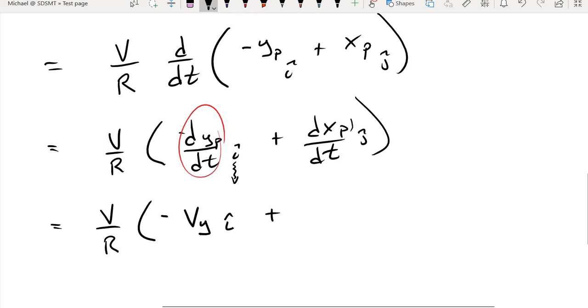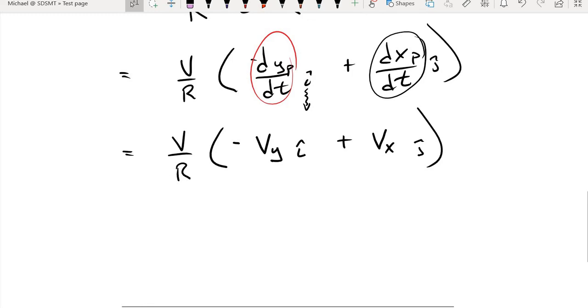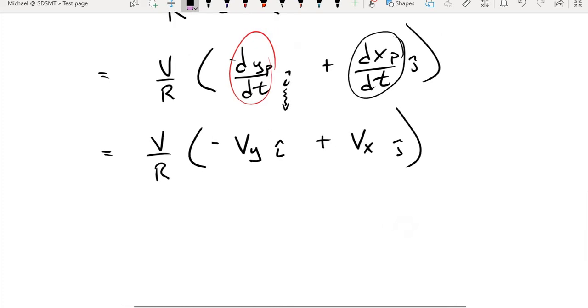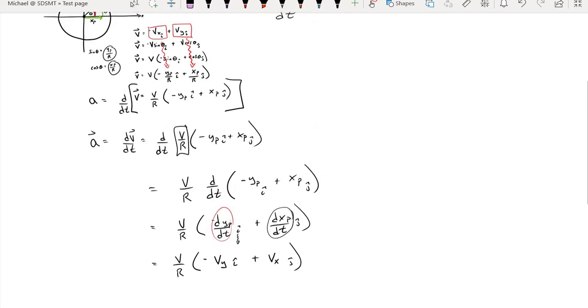Over here we have the x component of velocity in the j hat direction. And, well, having a y component in the x direction and an x component in the y direction, that's still way too confusing for me. So let's try what we did way back at the very beginning.